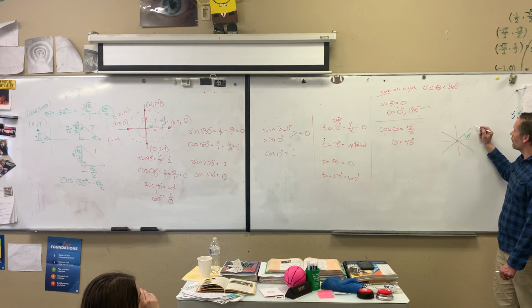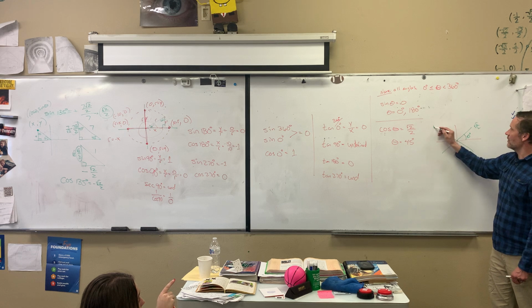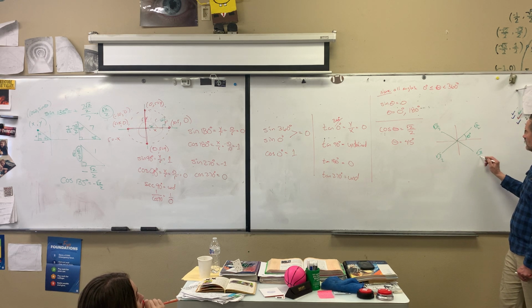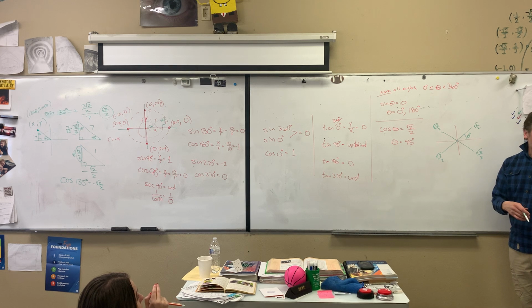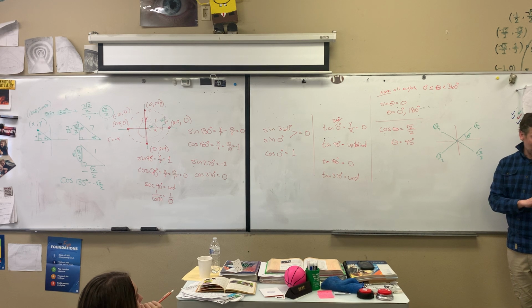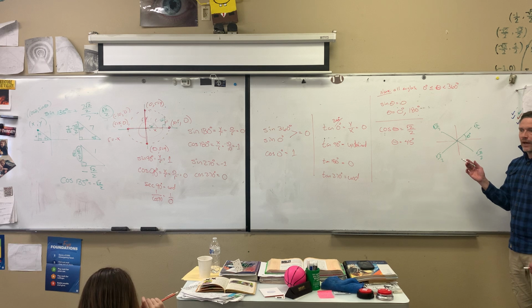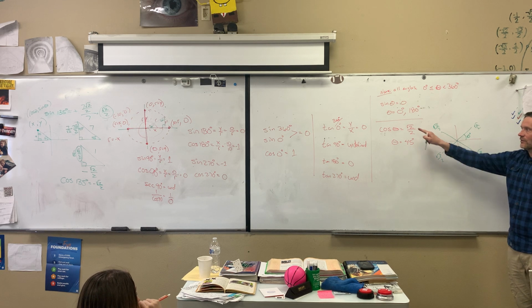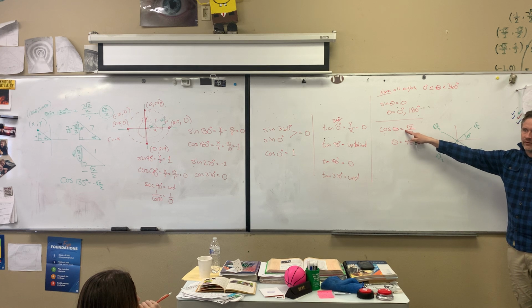Because we know root 2 over 2 is happening here, here, here, and here. However, depending on which one we're looking for, the y or the x, it will matter which one's positive, which one's negative. So cosine is positive in which quadrants?